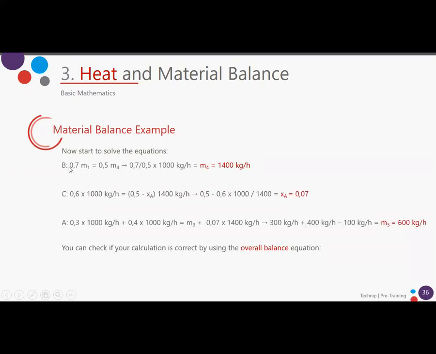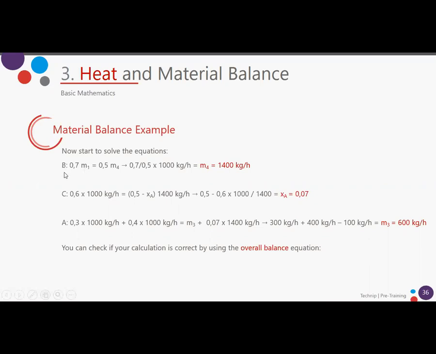We look at the 3 mass balances and, of course, we do first the one where we have just one unknown. So we can do the mass balance of B first.